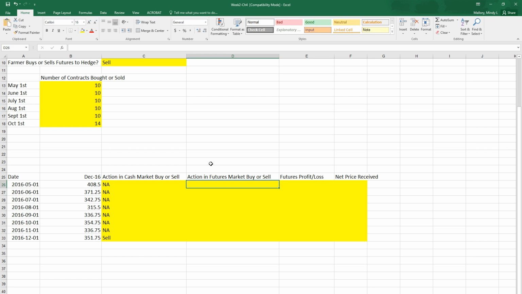So here we know we're going to sell, and we're going to sell 10. And that's going to be true all the way to here. And we don't have anything to do in November because by November we've already priced the whole crop. So I'm going to put an NA here.